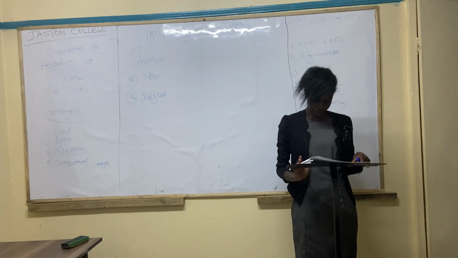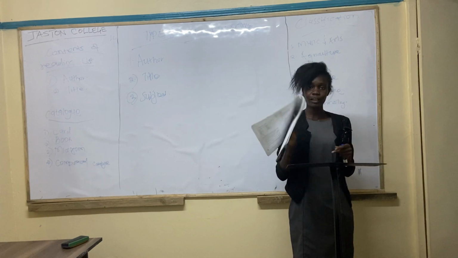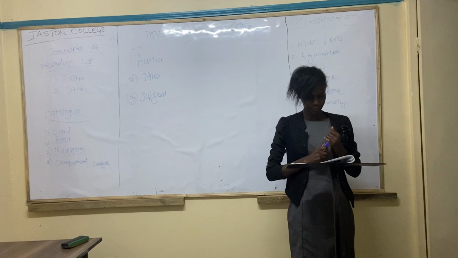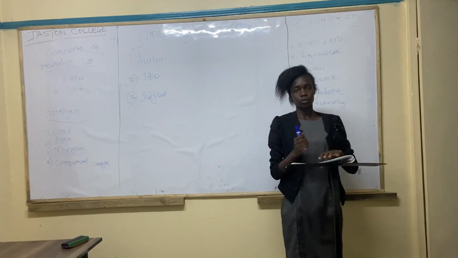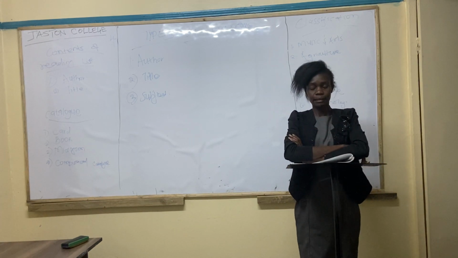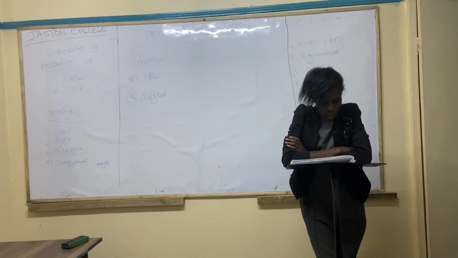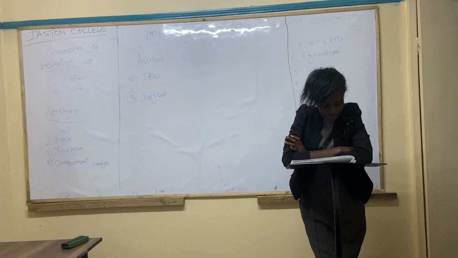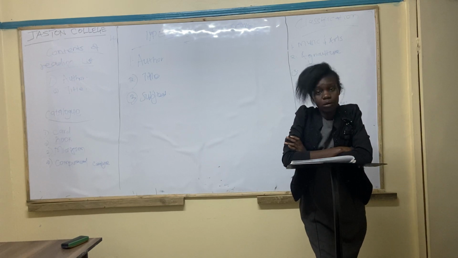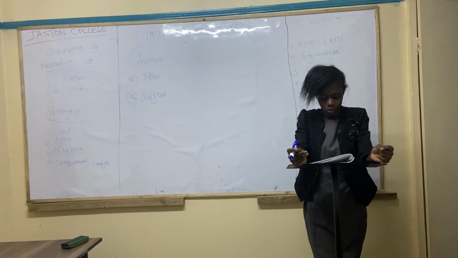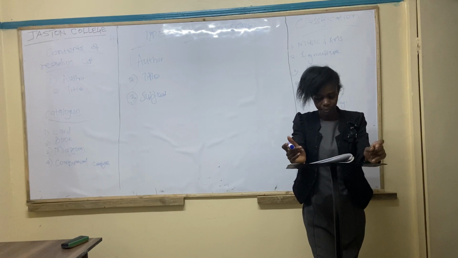So we are going to start with the author catalog. This author catalog contains the name of a person who published or wrote that book, or the corporate body that wrote the specific book. So we go to the title.